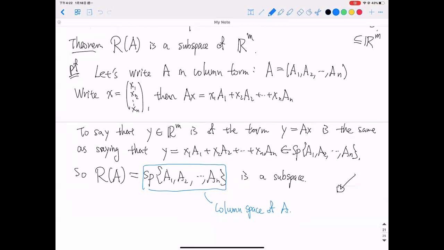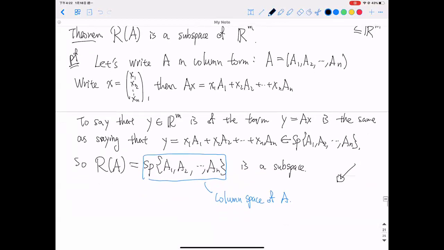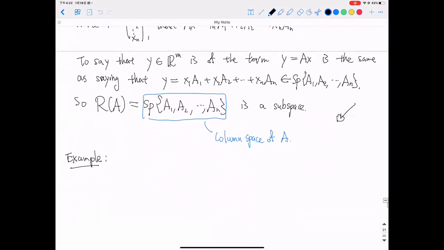Now let's consider an example. Suppose I have this A, a 3 by 4 matrix: 1, 2, 1, 1, 1, 2, 3, 5, 4, 1, 4, minus 1.